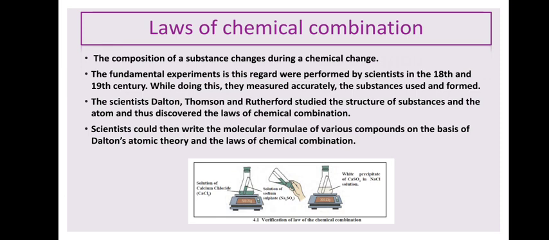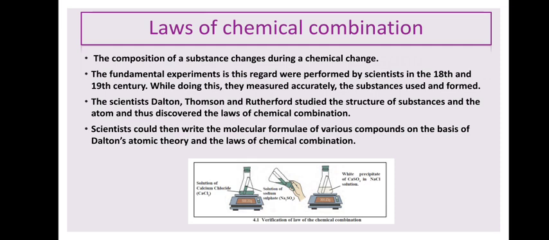While doing this, they measured accurately the substances used and the substances which were formed, so that they could compare their masses. The scientists Dalton, Thomson and Rutherford studied the structure of substances and the atom and thus discovered the laws of chemical combination.